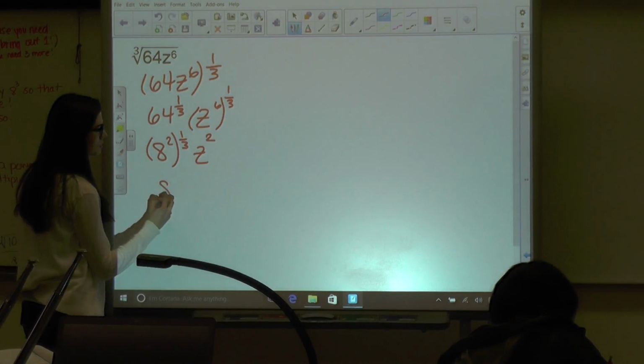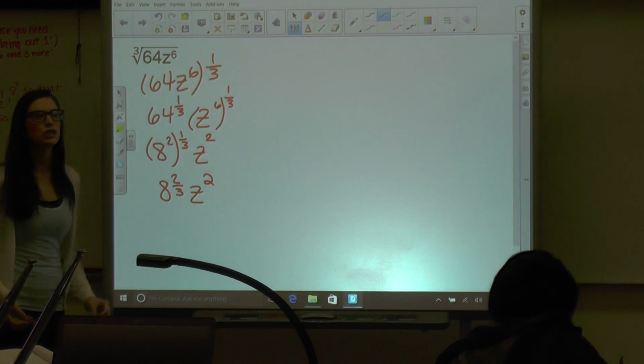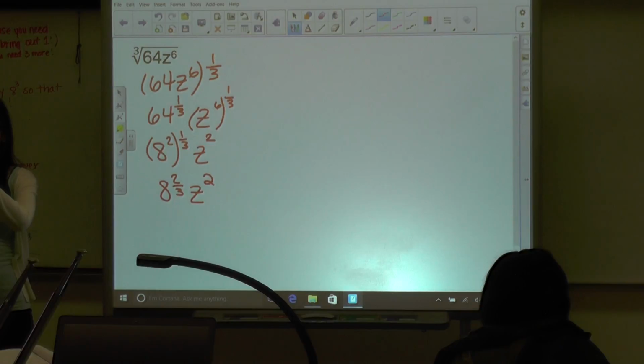8 to the power 2/3. Do you know what 2/3 of 8 is? This one's not honestly that hard. 2 times 2 times 2 gives you 8, so 3 parts. Take 2 of those parts. We're not adding, we're multiplying.